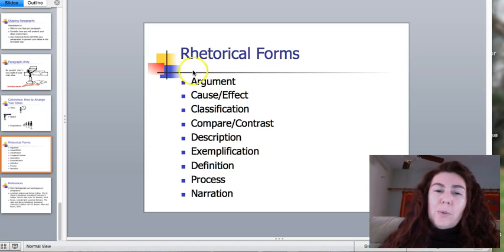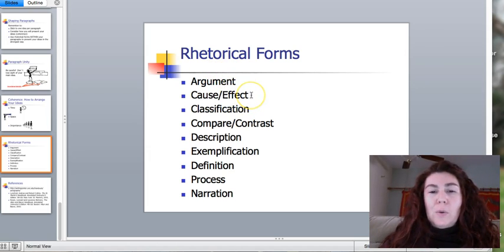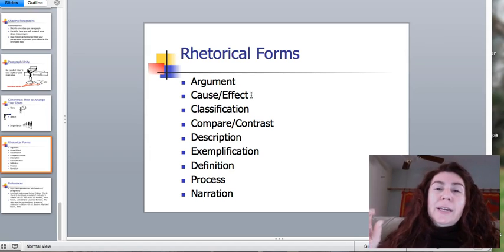So even though we are writing an argumentative paper, you can use cause and effect as a way of organizing an internal paragraph. And for some of you, this is very important because if you're talking about a specific problem that you're seeing on your floor or somewhere within the nursing profession, first of all, you have to prove to us that this is a problem so that we are going to take your solution seriously.